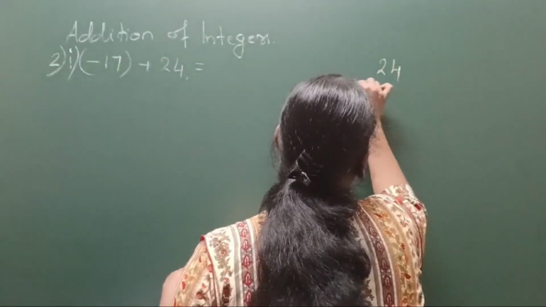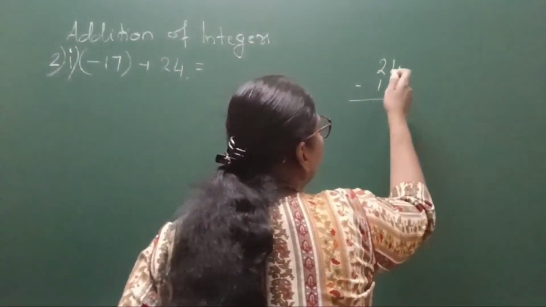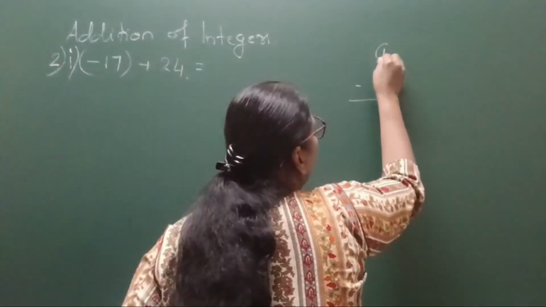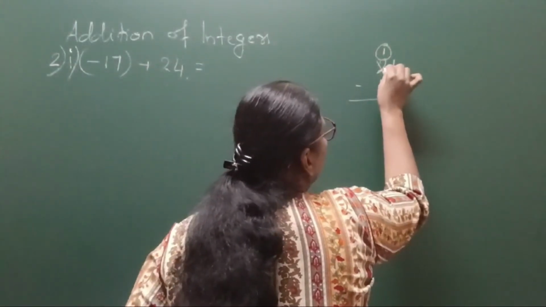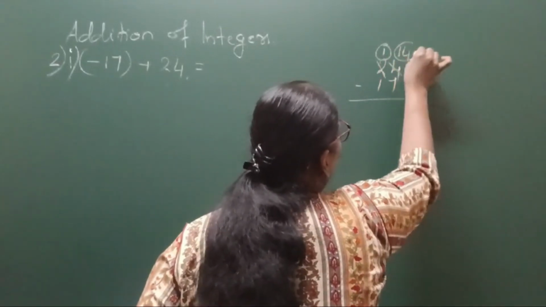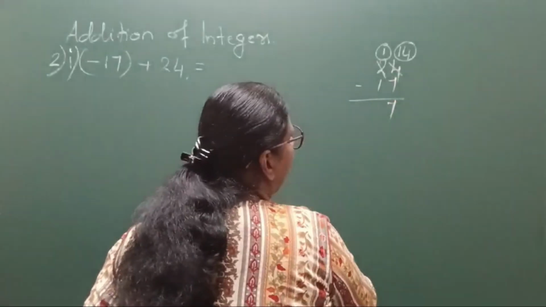24 minus 17. Here from 4 we cannot subtract 7, so we have to borrow from 2, and this 2 becomes 1 and this 1 we bring here and make it 14. Now 14 minus 7 is equal to 7.